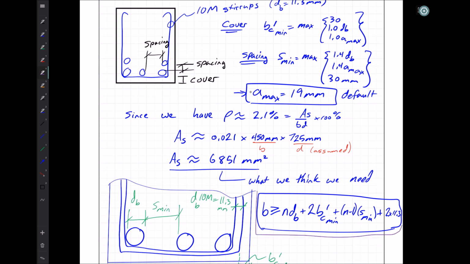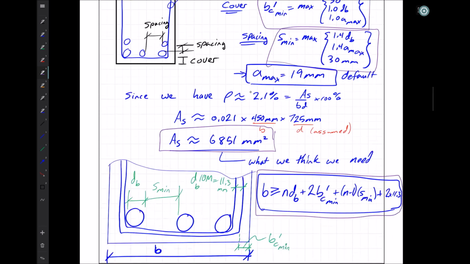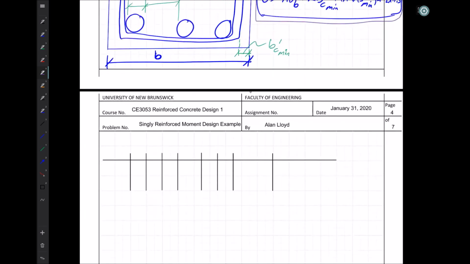If we take this equation for B, these equations for the value of S minimum and the value of BC prime, along with the equation for area of steel that we need, 6,851, we can start to try and play around with the number of bars and the bar sizes to make that fit. And that's what I have in the table on the next page. So let's go to that table and take a look here.